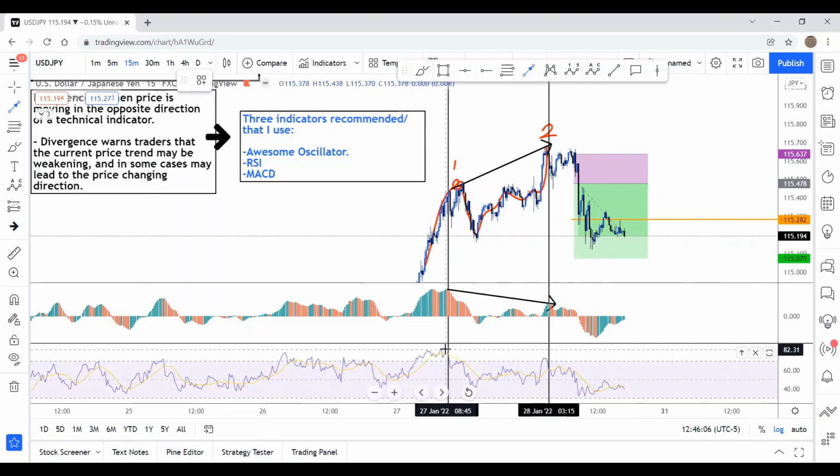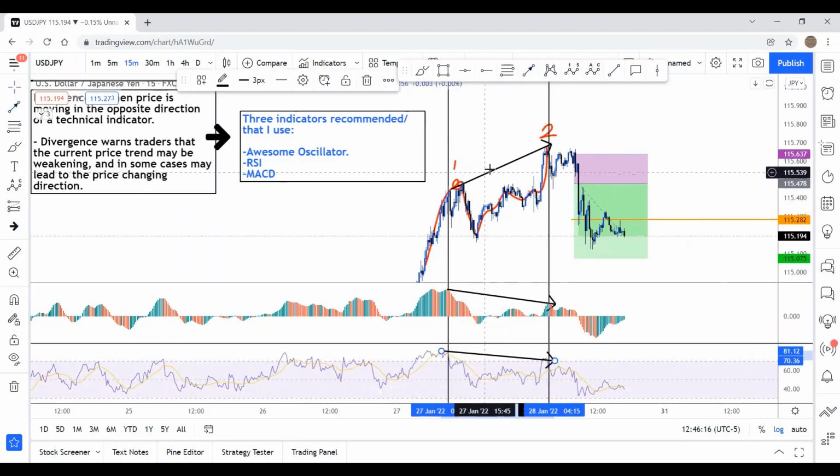That's pretty high. That's an indication that price may want to start going bearish. But when we look at this peak here and then this peak, we see that while price was going upwards, the indicator was going downwards. That's an indication that price may look to reverse.